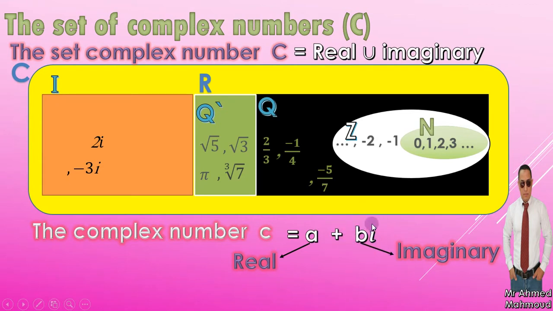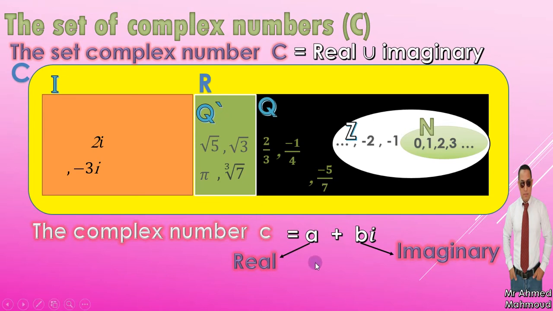If b equals 0, then the number is called pure real. And if a and b are not equal to 0, the number is called a complex number. Again, the number a only is called pure real, the number bi is called pure imaginary, and the number a plus bi is called a complex number.